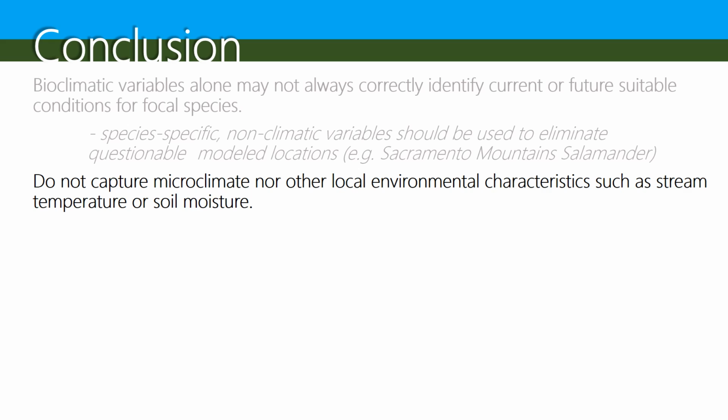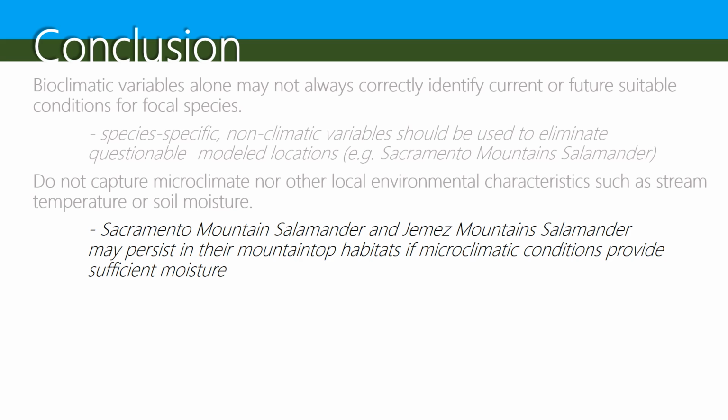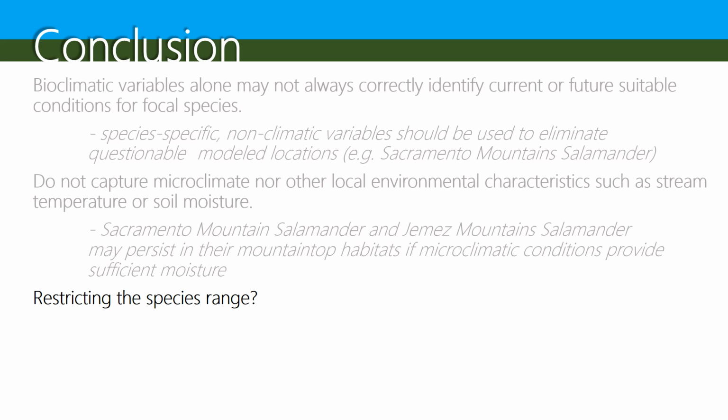Our study used a low spatial resolution for the climatic variables. That means our results did not capture microclimate nor other local environmental conditions or characteristics such as stream temperature or soil moisture. We think that the Sacramento Mountain salamander and the Jemez Mountain salamander may persist in their mountaintop habitats if microclimatic conditions provide sufficient moisture.